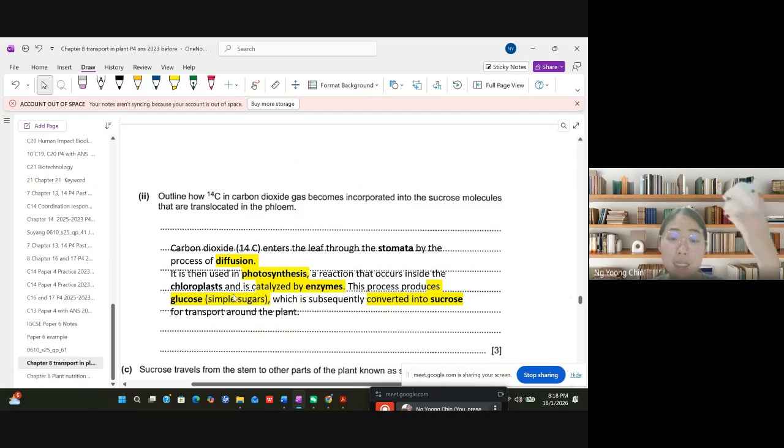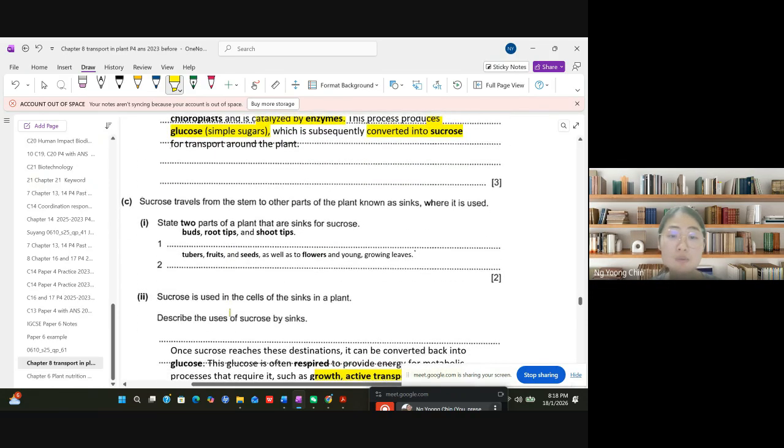Glucose requires carbon as an ingredient to build up. Later the glucose is converted into sucrose. The question is just asking how the carbon dioxide gas gets into the sucrose molecule: from carbon dioxide gas to glucose, from glucose to sucrose, and then transferred to all of the plant.